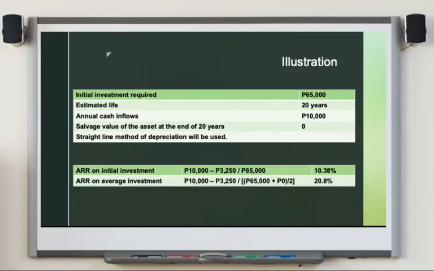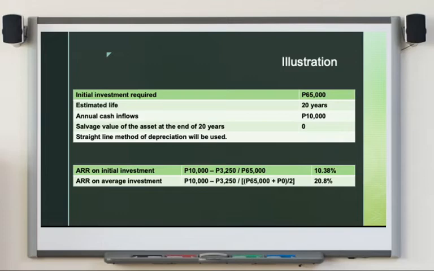Okay, so let's compute the ARR using initial investment as our denominator, and that is an annual cash inflow of 10,000 minus the depreciation for a particular year, and that is 3,250. How did we get 3,250?